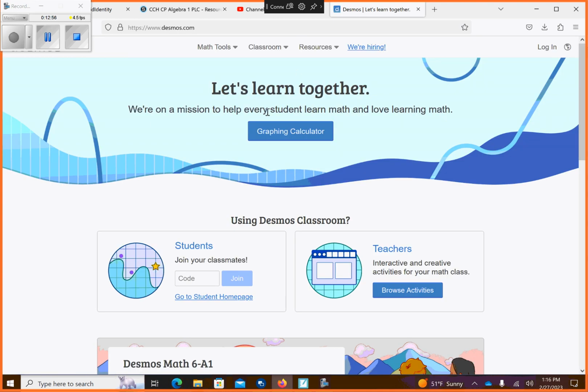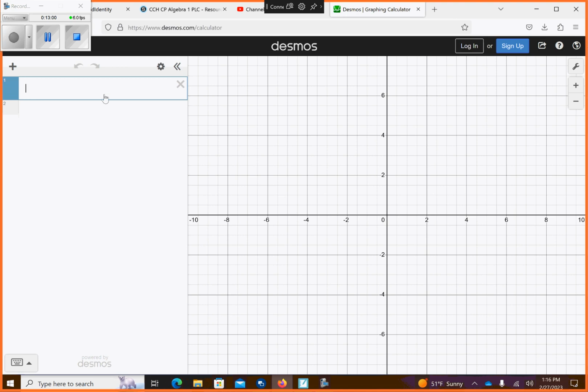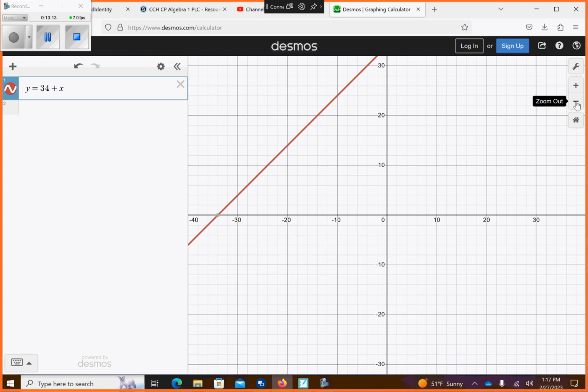So all I'm going to graph is y equals 34 plus x. Then I have to zoom out to find it, and we are approaching -35.